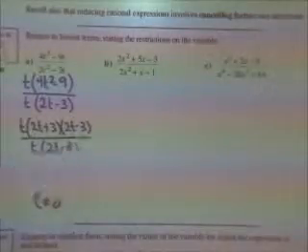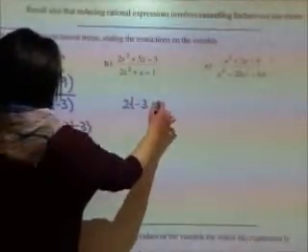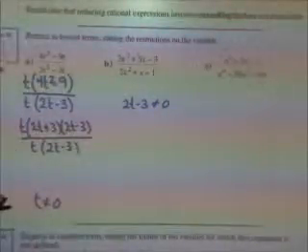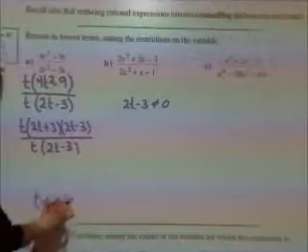With the next factor, 2t minus 3, if I say 2t minus 3 can't equal 0, and then solve for t, I would add 3 to each side and divide by 2, so I would get 3 halves.